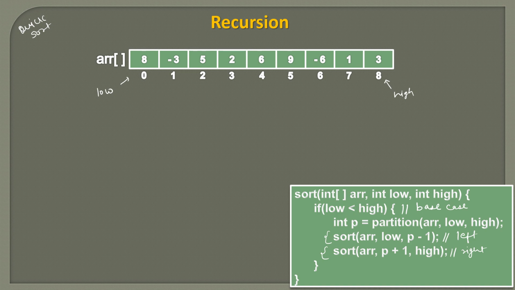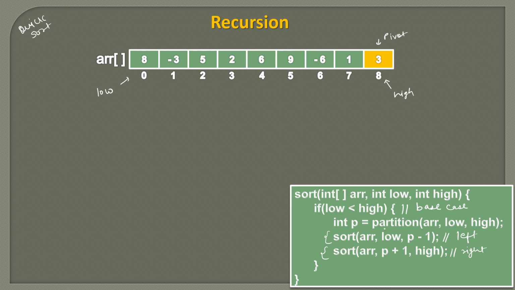Now low is less than high. We call the partition method. So in the partition method, we take the last element as our pivot, like this. So 3 is our pivot. Now after this partition method ends, we get the index of the element 3, that where it belongs.